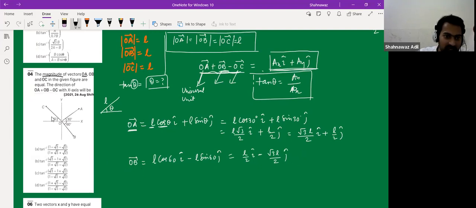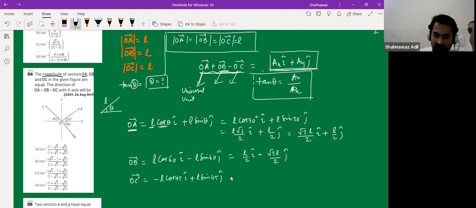And lastly, what is OC? L cos 45 I cap, minus or plus? It will be minus because I cap is in the negative direction. So minus L cos 45 I cap plus L sin 45 J cap.